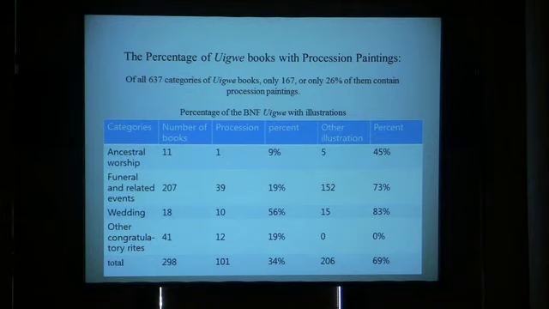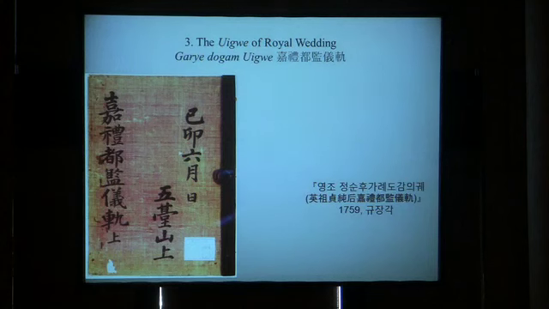But I should say that only about 20% of all the Uigwe books include illustrations. But the texts are, of course, very important in understanding the Joseon Dynasty's culture.